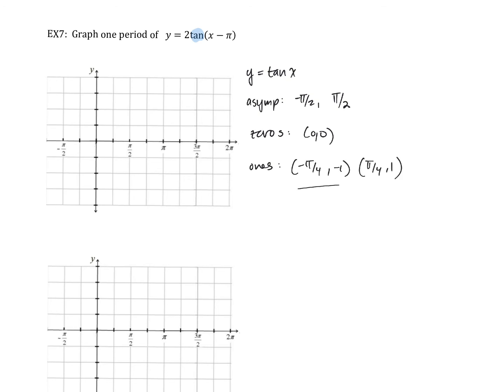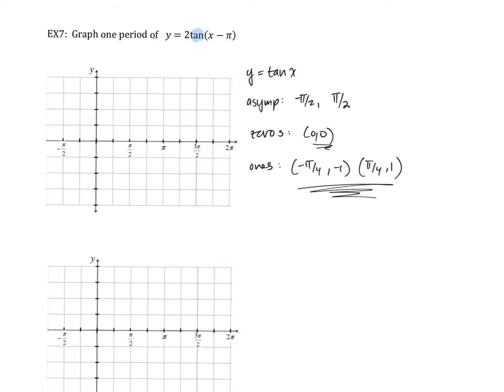Now remember, there are more 1s and 0s, because it's sort of an infinite graphing of tangent of x. But usually we just look at one period. Sorry, scratch that. For tangent and cotangent, it's just pi. It's not the whole unit circle. So just one period of length pi.